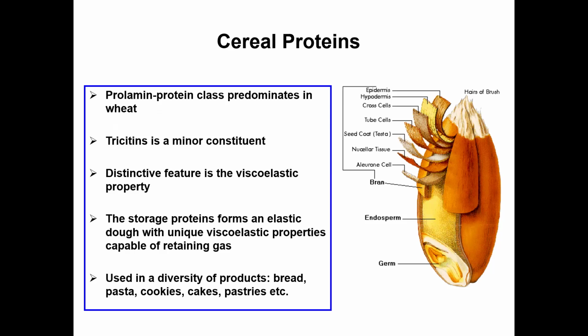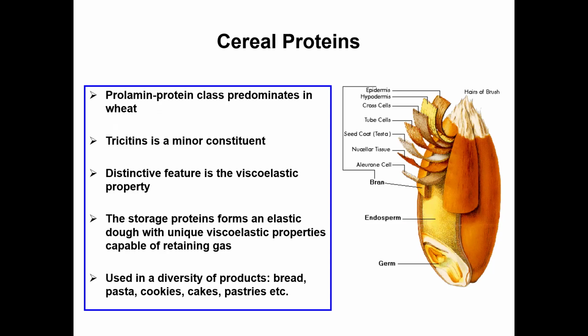So in wheat, the prolamin dominates, and it is categorized into prolamin gliadin and prolamin glutenin, known as glutelin, because you can't extract them all with alcohol. So the globulin is a minor constituent.